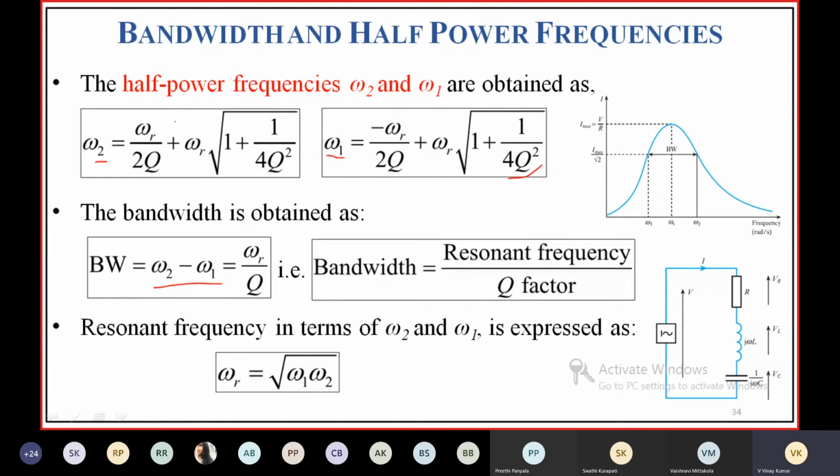From these two equations, W2 minus W1 is equal to WR by Q. It is better to remember this formula. Bandwidth is equal to W2 minus W1, which is equal to resonant frequency by Q factor.